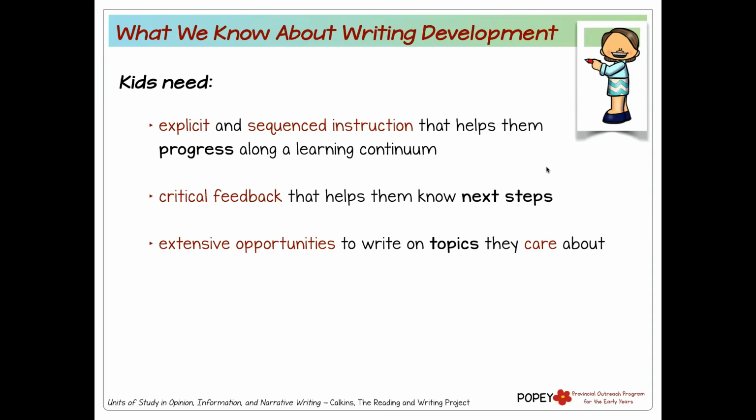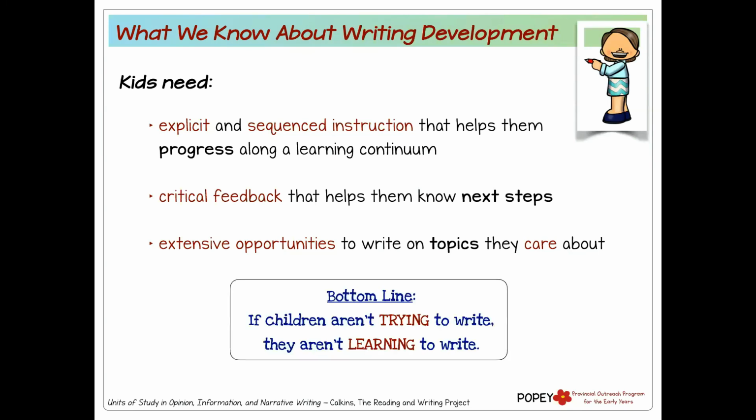Rather than telling them you need to do this or you need to change this, it's an invitation. I think you are ready for. And it's a different way to phrase things that builds our students up for, "I am ready for this." And then of course, as Lisa mentioned as well, the topics that they care about, giving our students lots of freedom to write about things that they want to be writing about, and not everyone wants to be writing about ice skating. So if children aren't trying to write, they aren't learning to write.